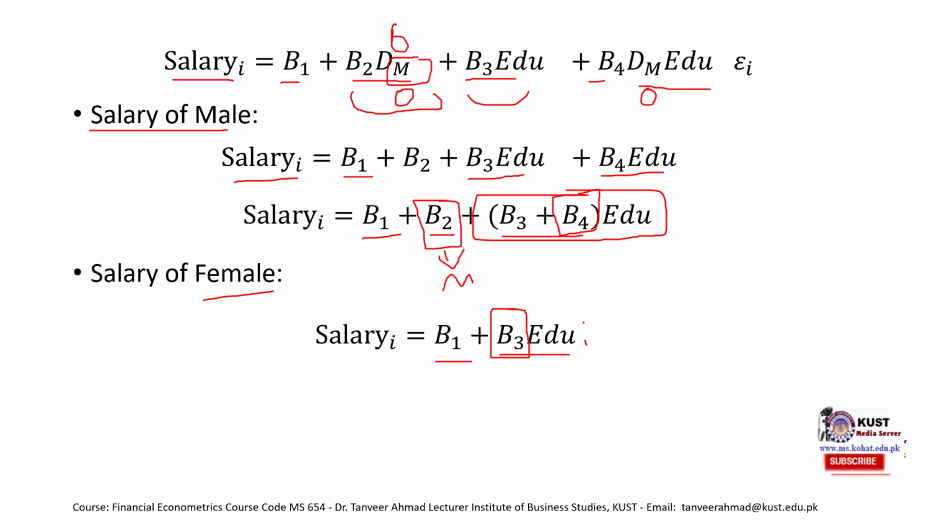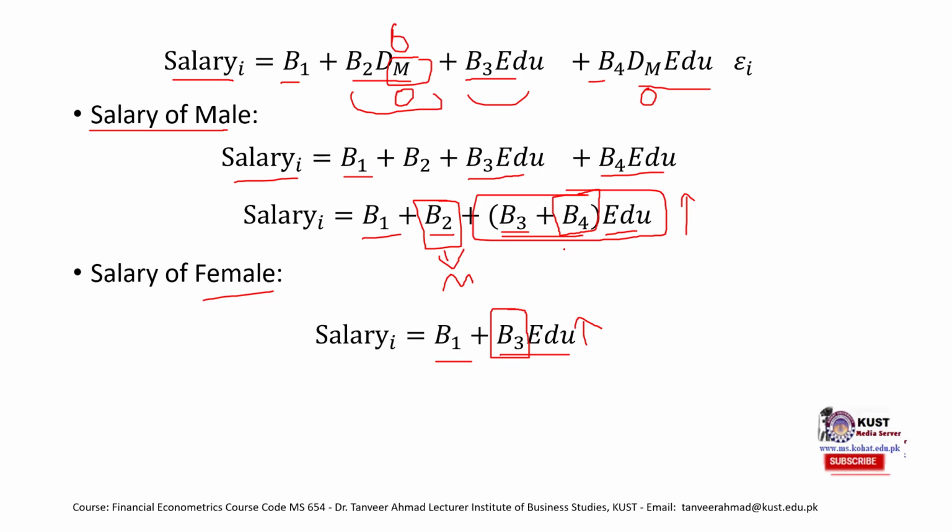So if education increases, the female salary would increase by B3, but in case of a male, if education increases, the salary would increase by B3 plus B4. So there would be a higher increase in the salary. So this B4 is the interaction term.